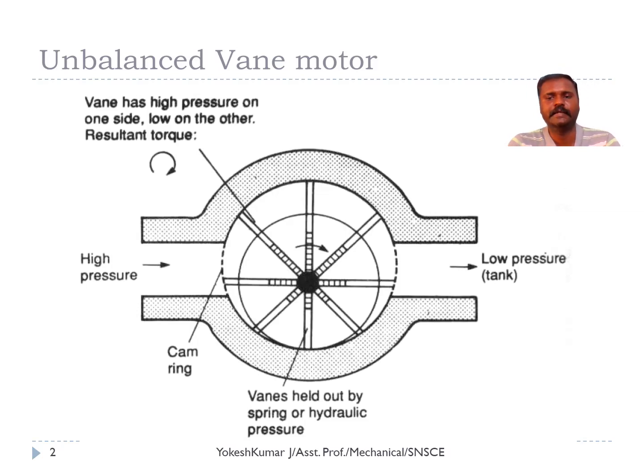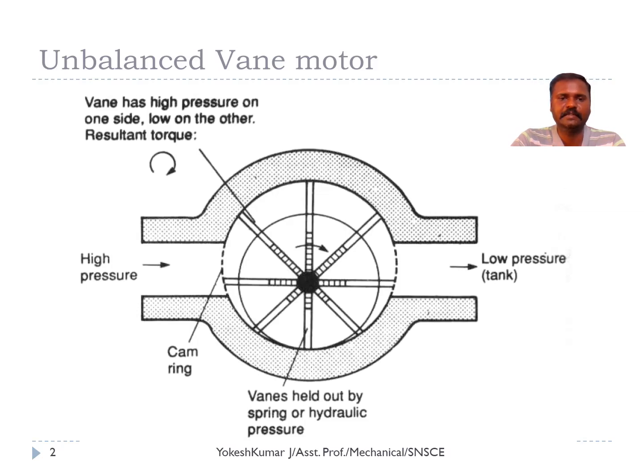Coming to the working, the oil is taken from the reservoir, pressurized in the pump, and sent to the direction control valve. The direction control valve directs the fluid to the high pressure port, and the pressurized oil enters the cam ring and pushes the vane.